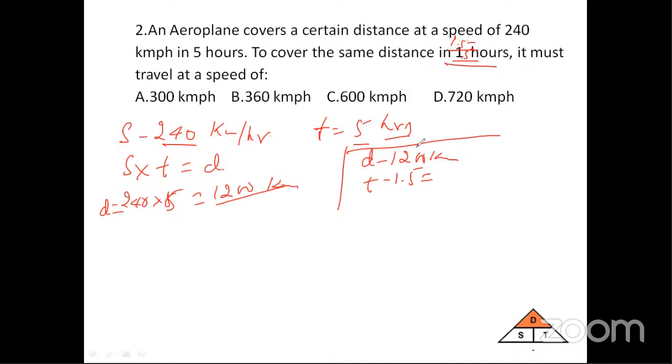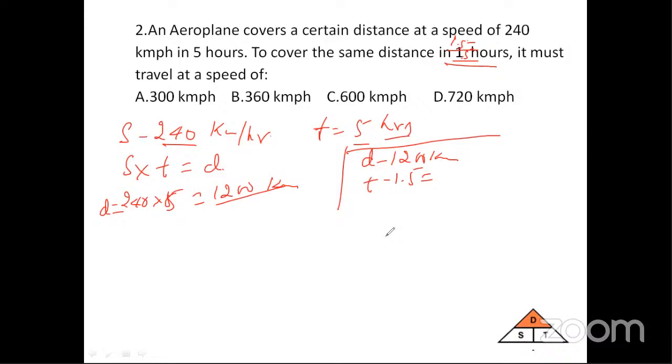Okay, so now what happens here? What is the question here? We have got 1200 as the distance. Now the time we have got is 1.5 hours. So 1200 kilometers divided by 1.5 we need to calculate.